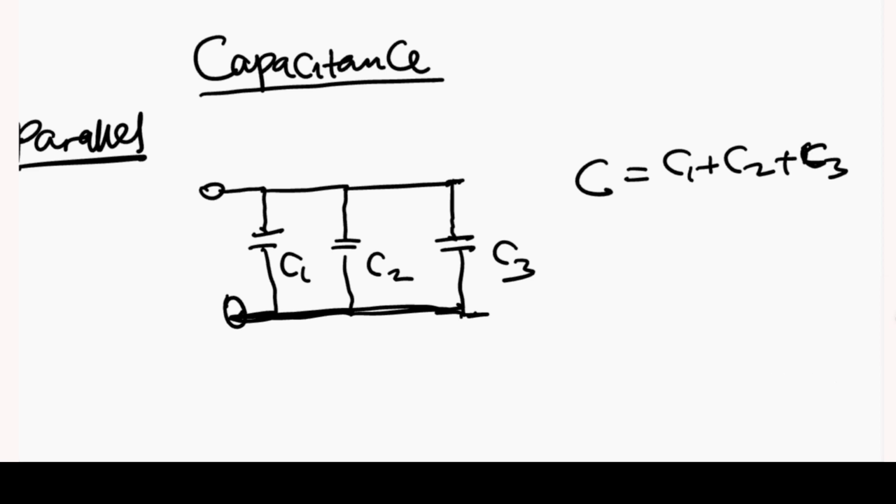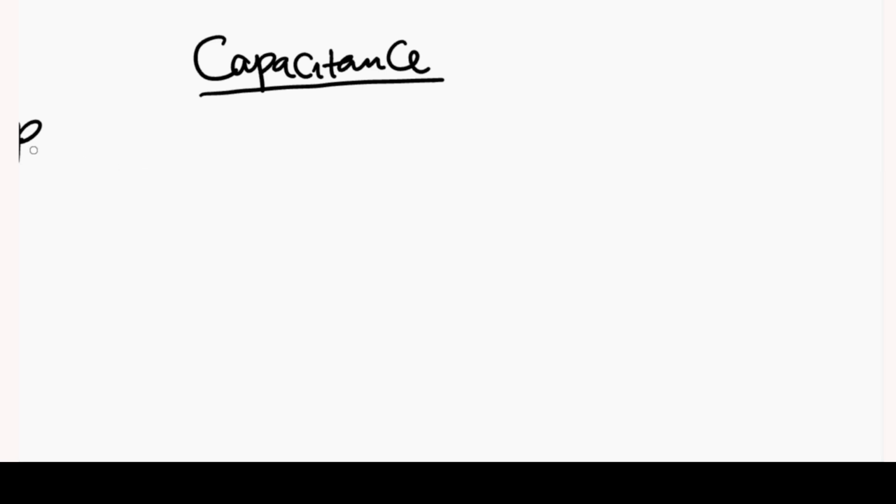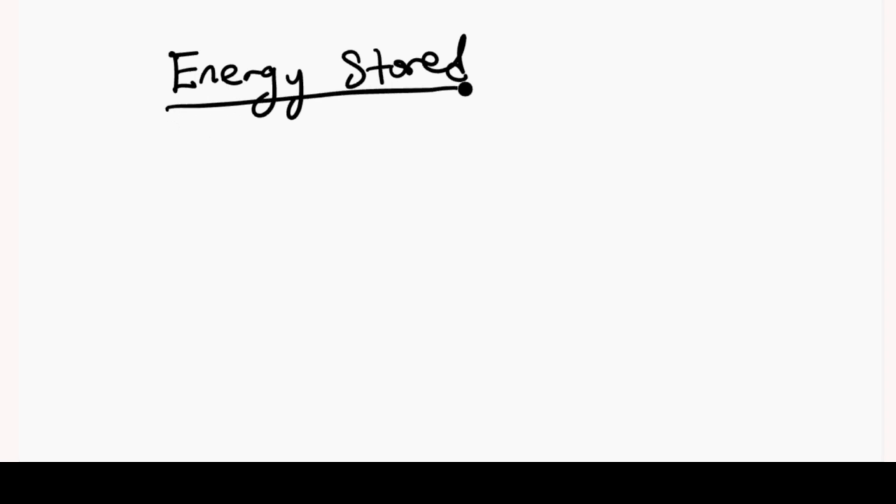The formulas used in solving for energy stored in a capacitor: the first formula is W equals Q squared over 2C.